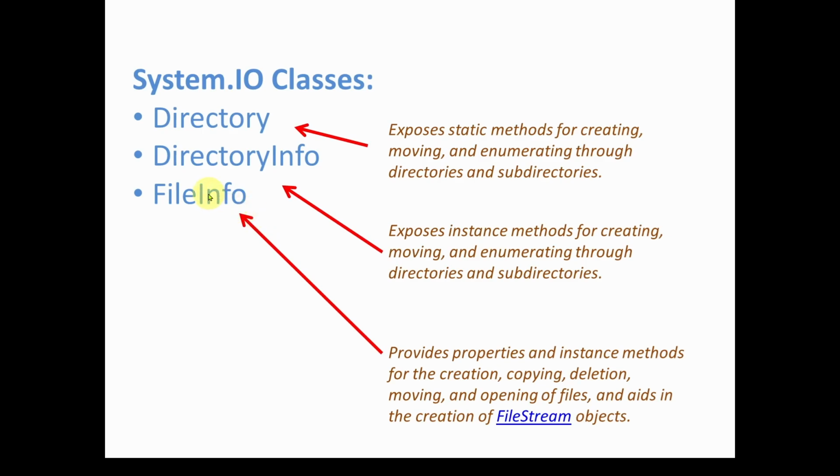And then FileInfo provides properties and instance methods for the creation, copying, deletion, moving, and opening of files, and aids in the creation of FileStream objects. So these are the three things we can look at. Maybe we can benefit from those classes to be able to get lists of folders and to get file sizes and that kind of thing.